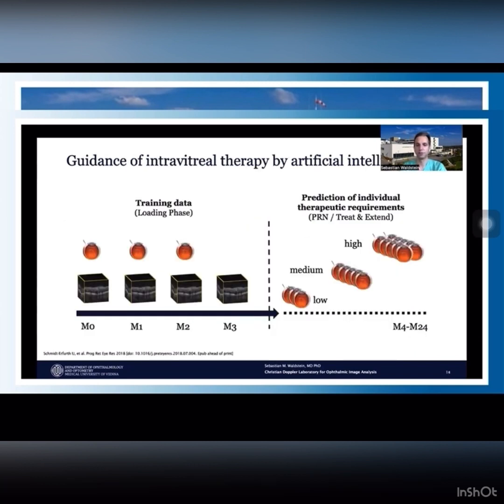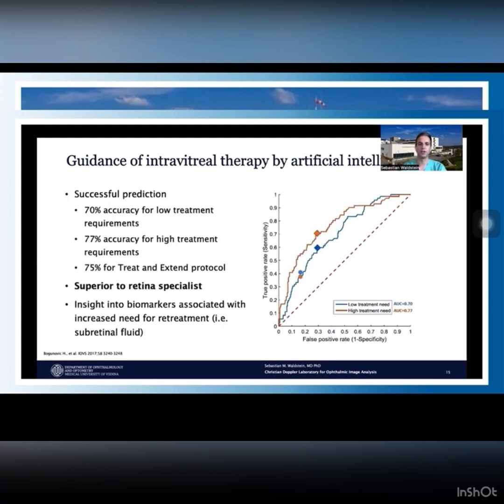Now, in terms of practical disease management, it will obviously be very useful to have prognostic AI models that, for instance, can tell us the injection demand of a patient under intravitreal therapy. And also here, some proof of principle papers have been published that show that prediction of therapeutic requirements, for instance, and of treatment intervals is feasible with an accuracy that is maybe at the moment lower than what you would use in clinical practice.